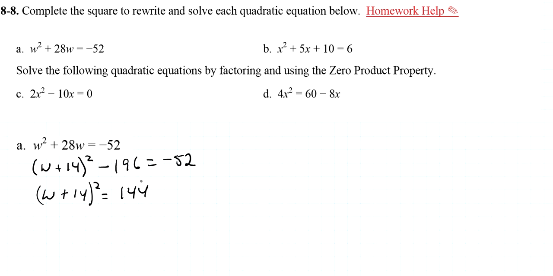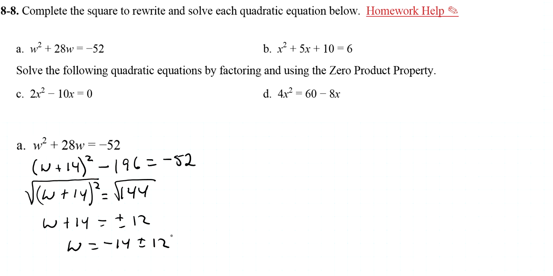And we take the square root of both sides, and then we get W plus 14 equals plus or minus 12, and then subtract 14 from both sides, and we get W equals negative 14 plus or minus 12.